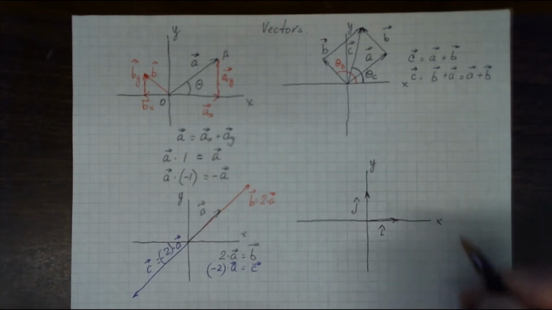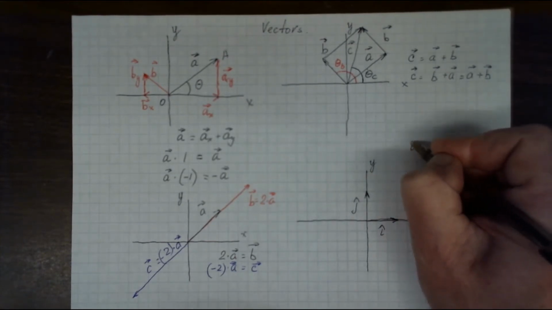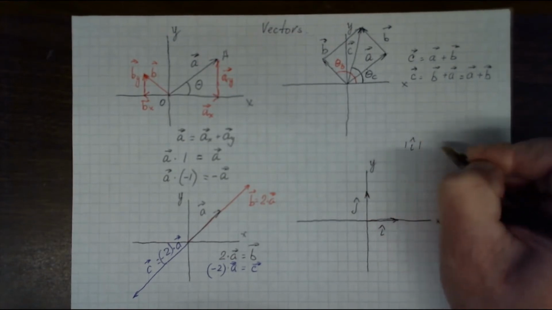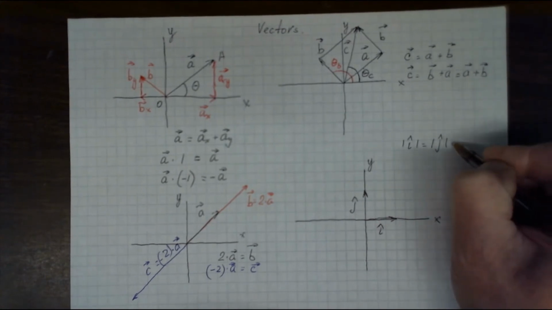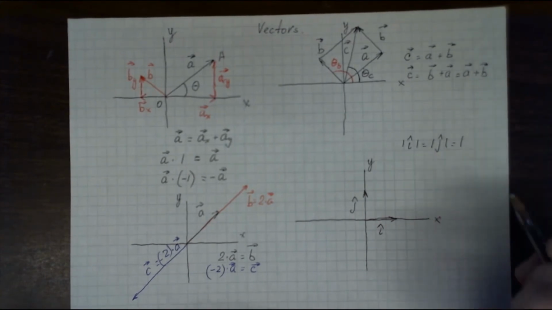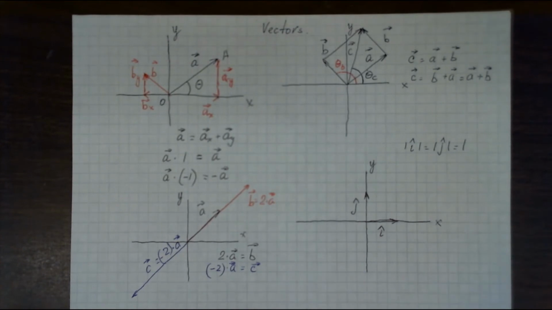And the magnitude of i is the same as the magnitude of j and is exactly 1. Now you will ask, 1 what? Whatever quantity that unit vector represents.